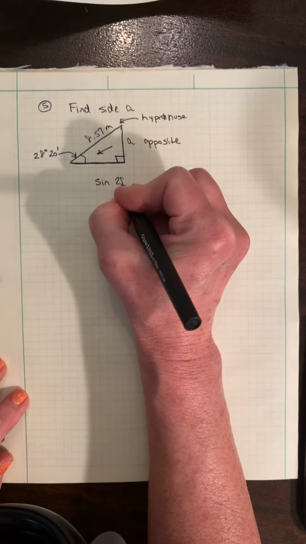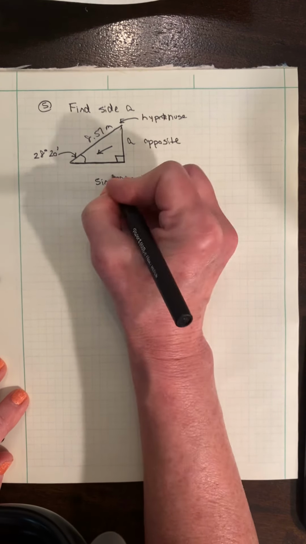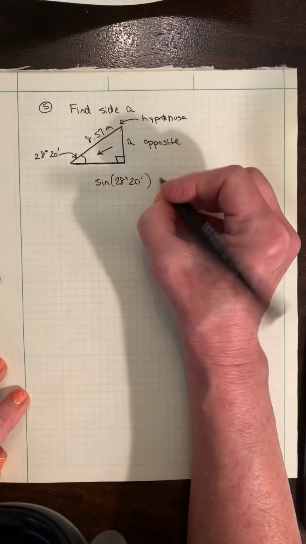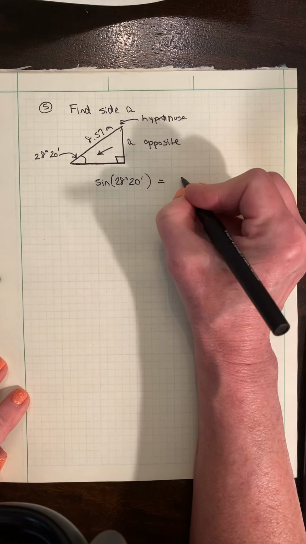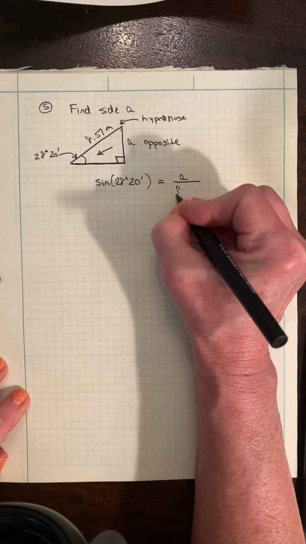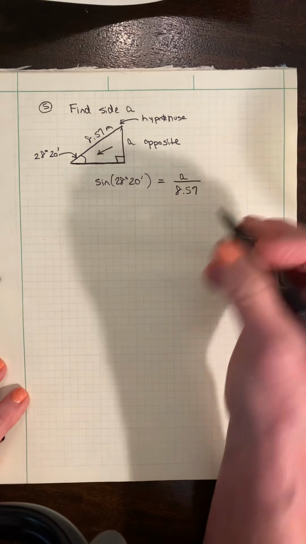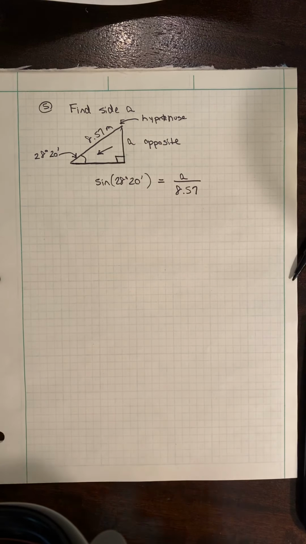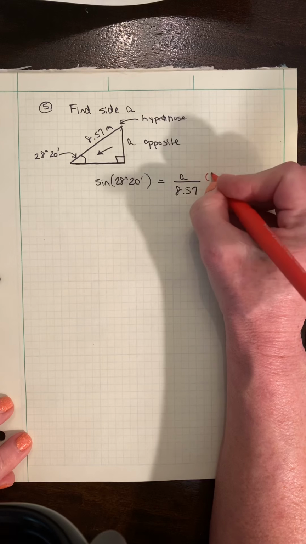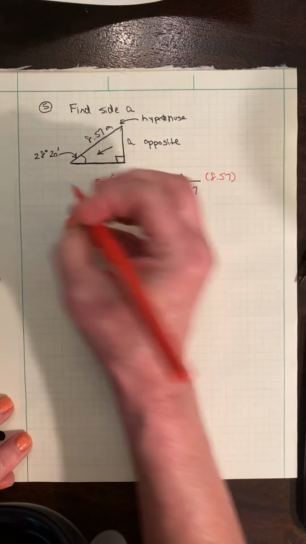The sine of 28 degrees and 20 minutes, I'm going to do that like that so you know that's all that angle, is equal to the opposite over the hypotenuse. We'll solve for A first, and we'll be multiplying by 8.57.